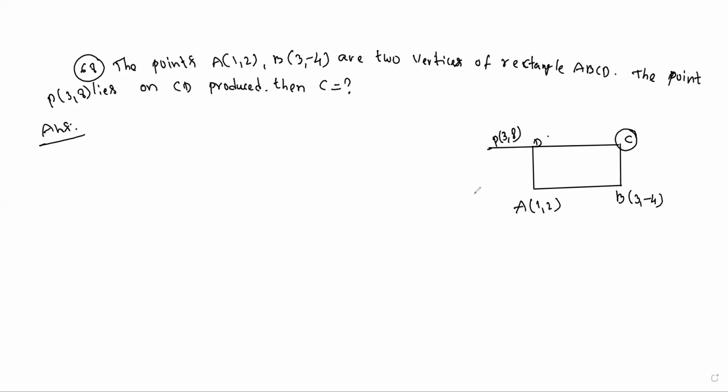But here AB and CD are both parallel to each other. That's why CD is already passing through point P. So we'll find the slope of AB first. Slope of line AB.